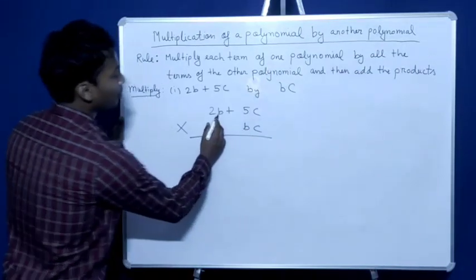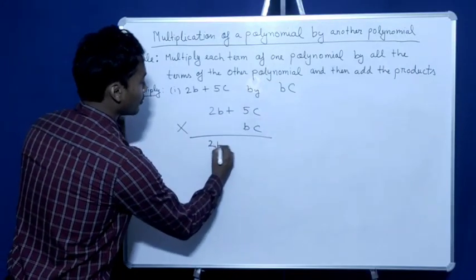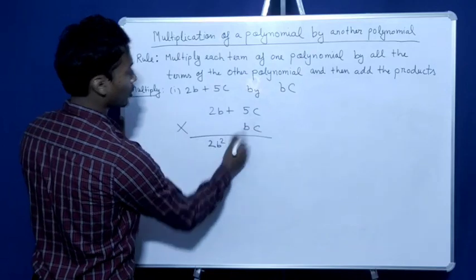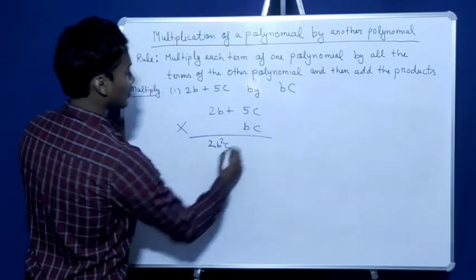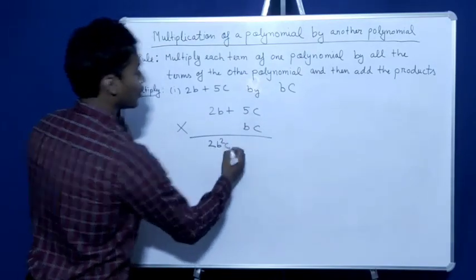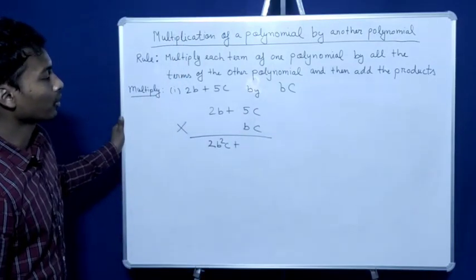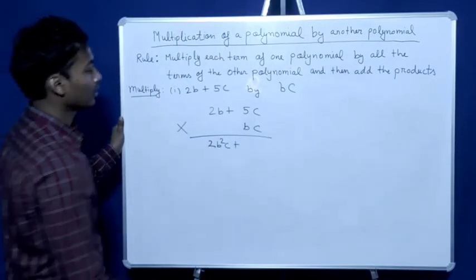Now b times b will give you b square, and we don't have c here, so we have only one c. Then we put a positive sign, right? We are adding.